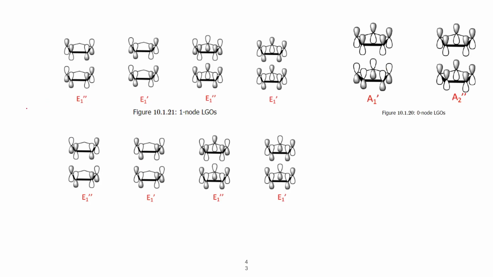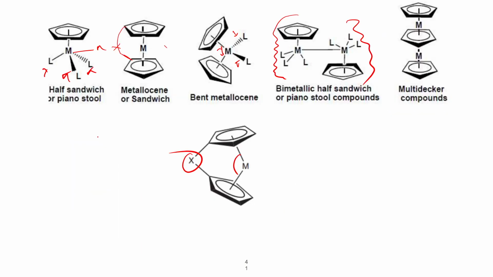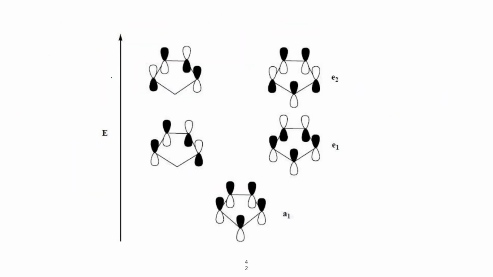Now, if we look at the metallocene, these are the possibilities for the cyclopentadienyl ring. Here these five lobes are possible.